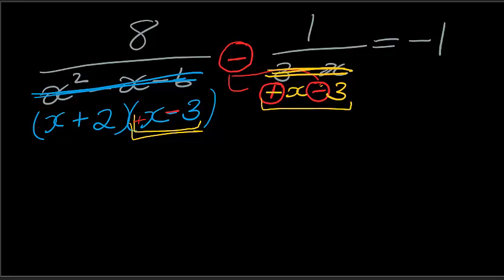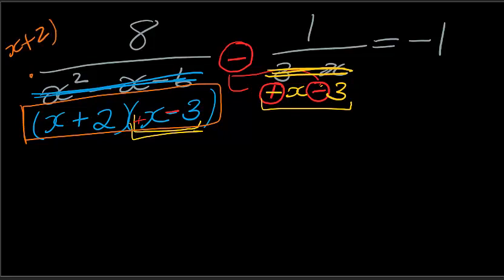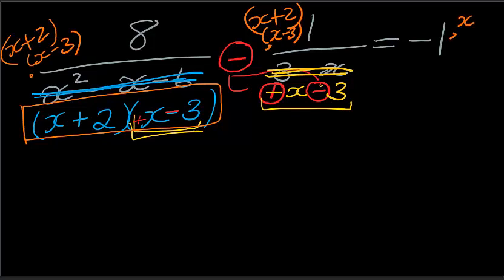What are my common denominators? My common denominators is this blue pair. So I'm going to say x plus 2 times x minus 3. Over here, I'm going to say times x plus 2 times x minus 3. And here I'm going to say times x plus 2, x minus 3.